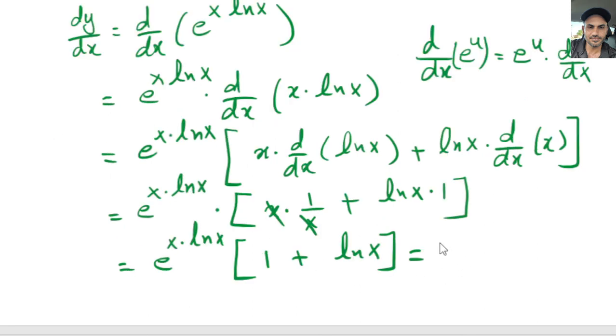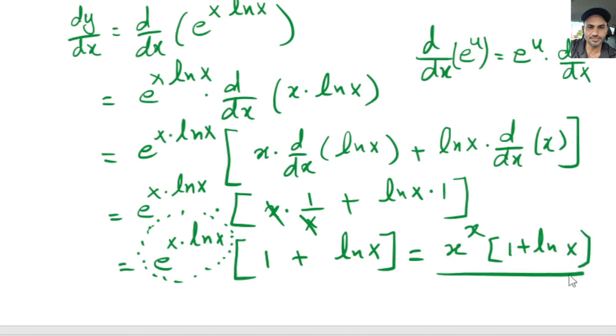So we substitute x to the x for this portion right here, and then we have inside 1 plus ln of x. This is our final answer. You can leave it in this form as well, but you can also simplify it to this one. So this is the derivative of x to the x.